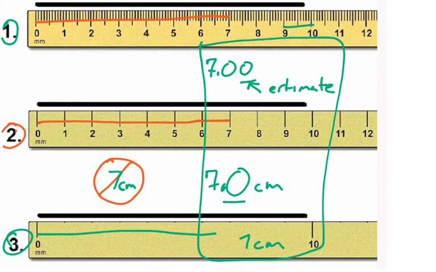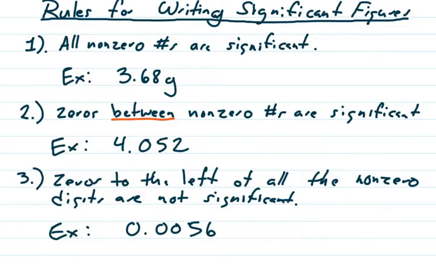There are a few rules with significant digits that we're going to get into now. Remember, significant digits contribute to the degree of accuracy of your number, or it's the precision of the instrument that you've measured it on.